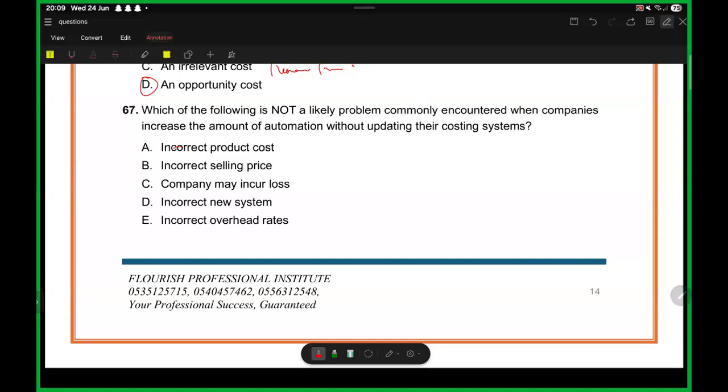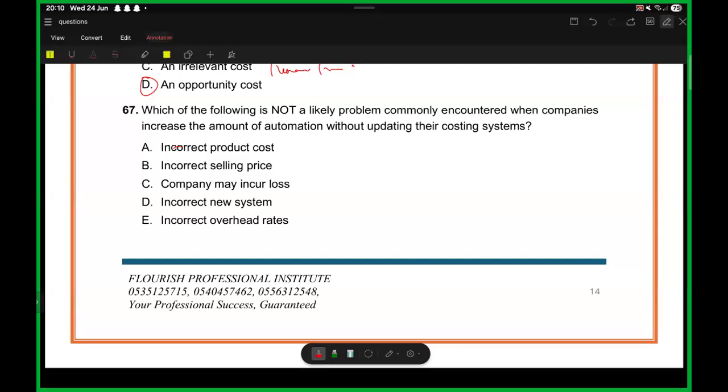It can also lead to incorrect selling price, because costing is about controlling costs. And then the company may incur losses. Once you don't get your product cost and selling price right, definitely you will incur a loss. So these things are correct.